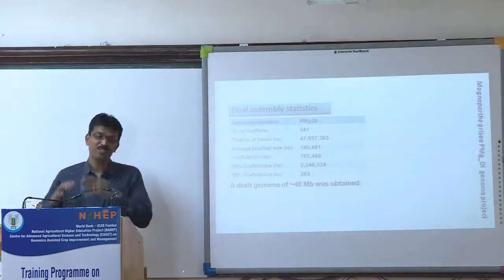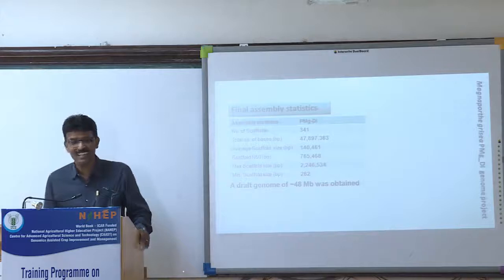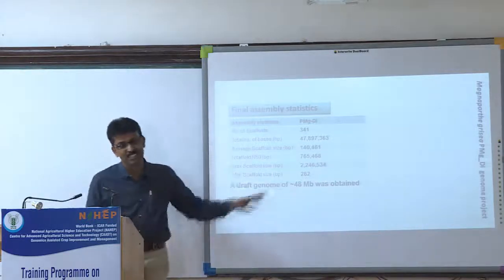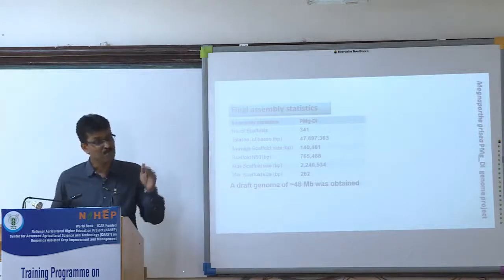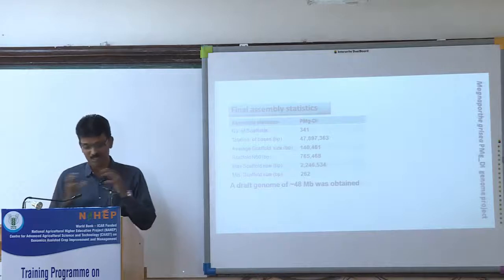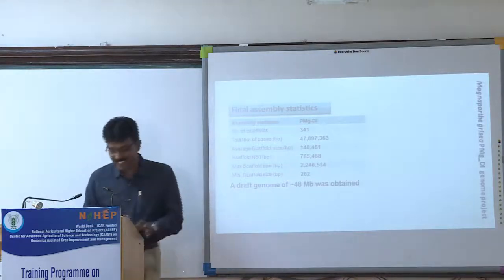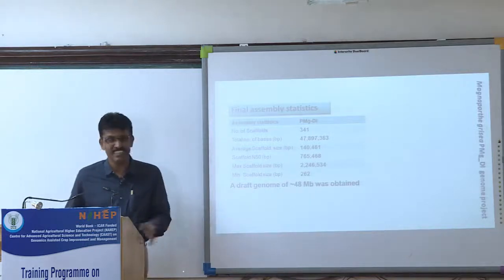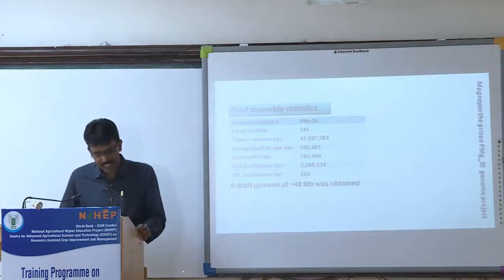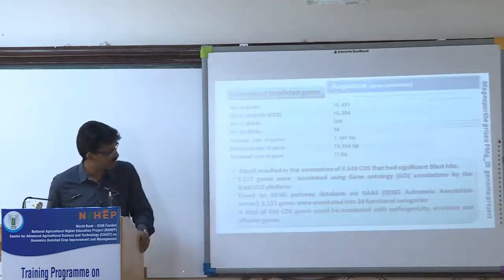Just imagine the genome is larger than the previous one, and we could assemble it in fewer contigs. So, by all standards, this assembly is marginally better than the previous assembly, right. The 341 scaffolds represent 47.89 MB of genome, right. And again, average scaffold size is here, and N50, all those routine things are highlighted here.